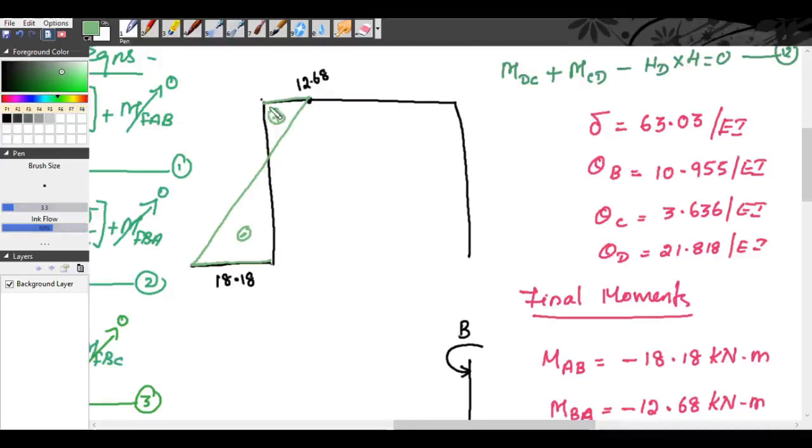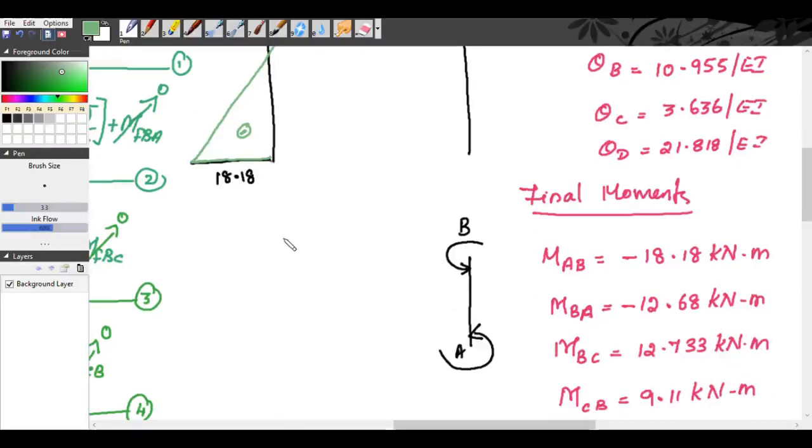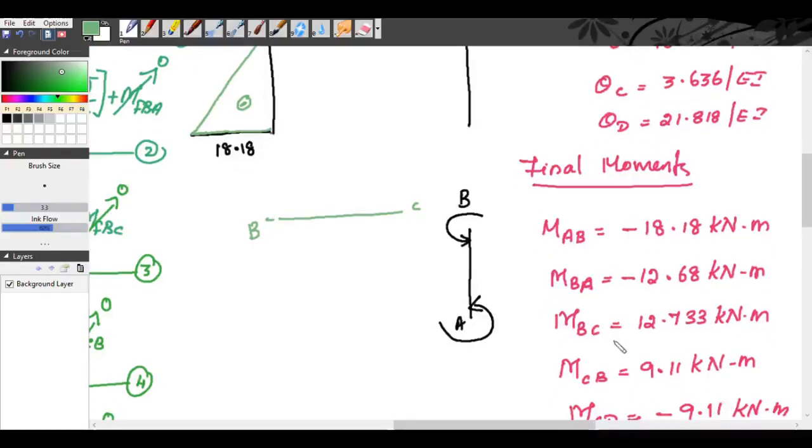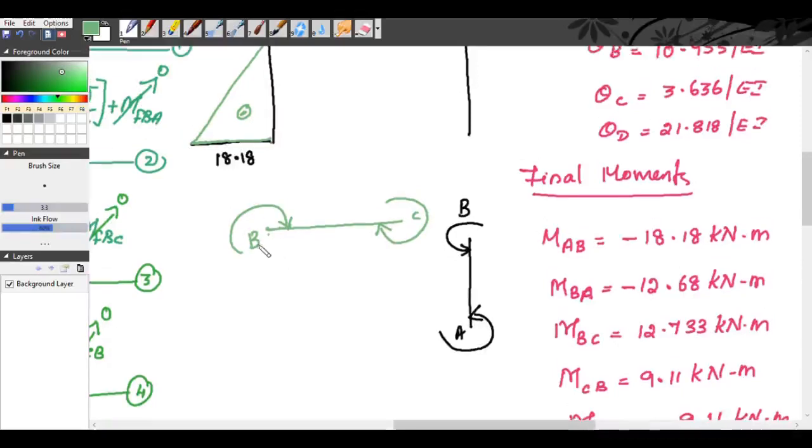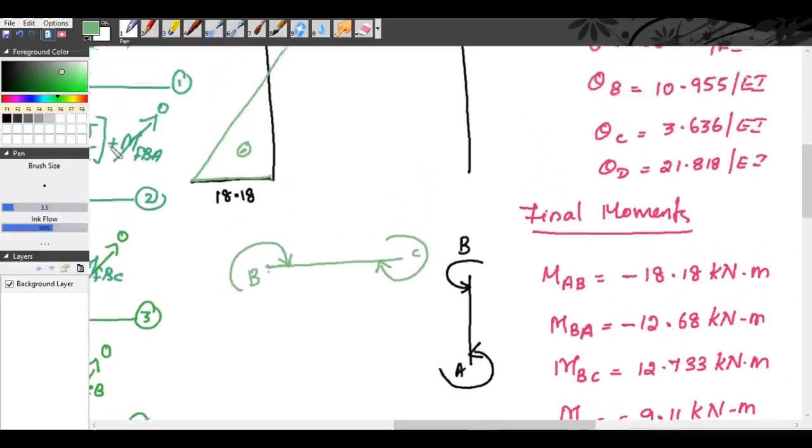Now we will take the span BC. See, in the span BC, MBC is clockwise, positive. So, we will draw a clockwise moment. It comes downwards. It is pointing downwards. CB also positive. So, clockwise it is pointing upwards. So, BC 12.733 downwards, right?